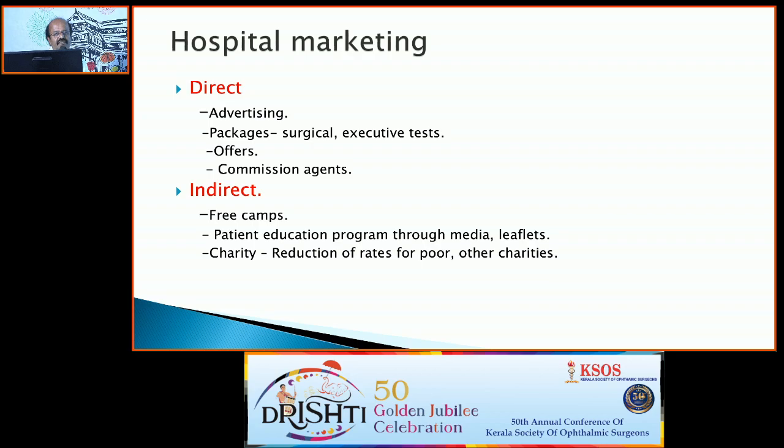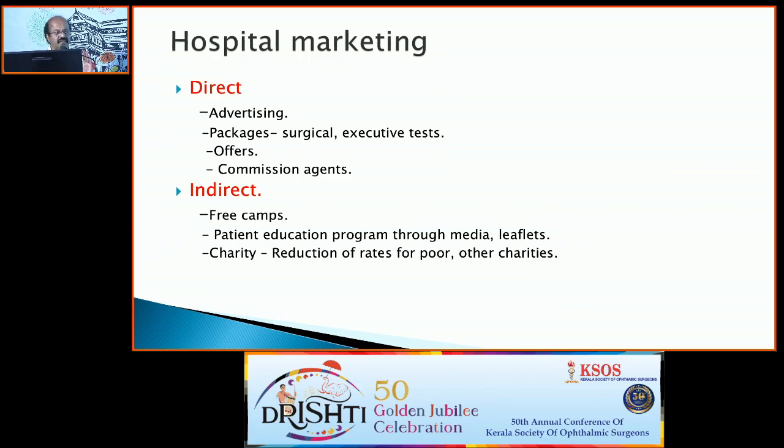As you are all aware, there are two ways eye hospitals are marketed: the direct way and the indirect way. Direct is advertising. You can have packages, surgical or executive tests, offers, commission agents; all these are possible. But indirect is the traditional way, which works in most hospitals.